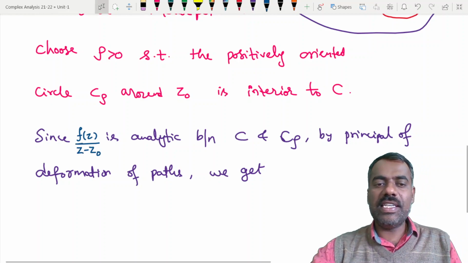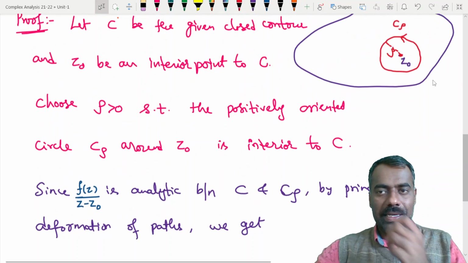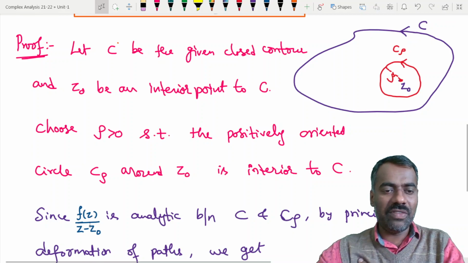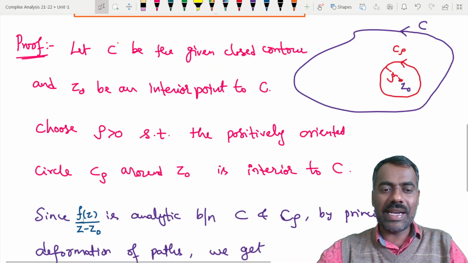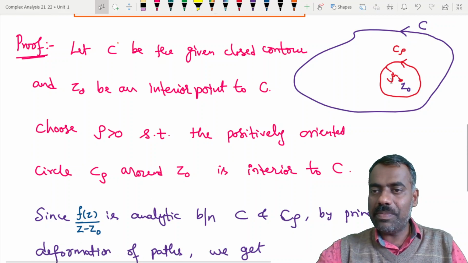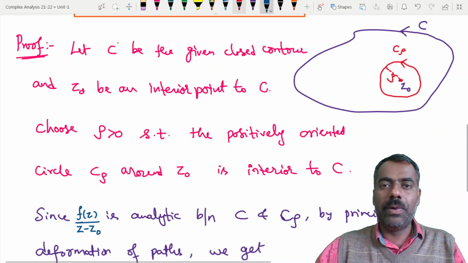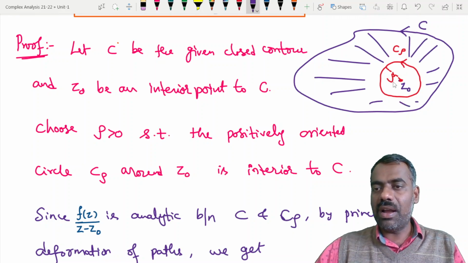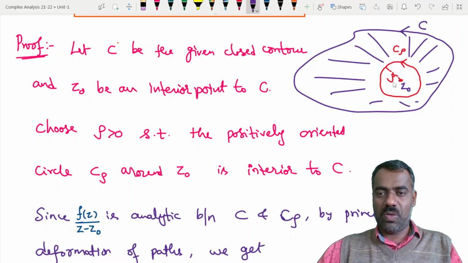This is analytic because z naught is inside C rho, so there is no problem about f of z upon z minus z naught. If at all there is any problem, it is at z naught, but z naught is inside C rho. So if we consider anything in between C and C rho, on C rho and on C, there is no problem.